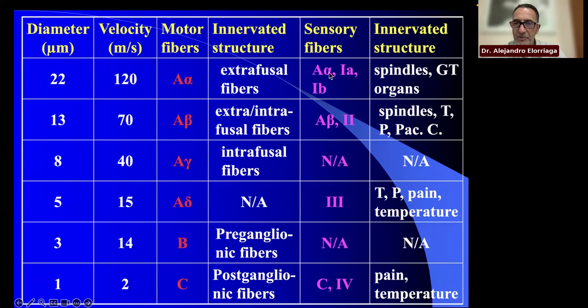Equally, mechanoceptors are very fast, particularly the ones that most closely control movement, the muscle spindles and the Golgi tendon organs. These correspond to thick myelinated fibers, which end up on specific receptors like the 1A and 1B, corresponding to the spindles.